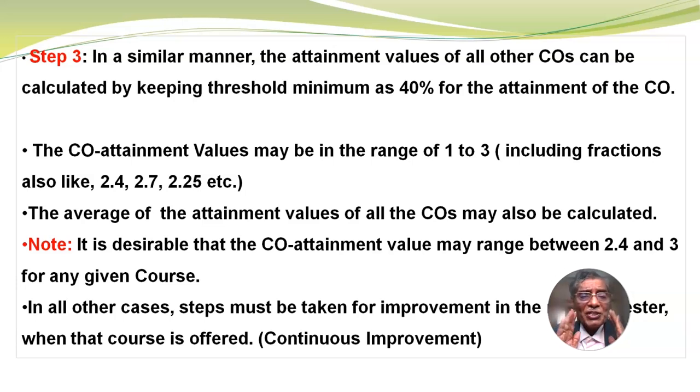Note, it is desirable that the CO attainment value may range between 2.4 and 3 for any given course. In all other cases, steps must be taken for improvement in the next semester when that course is offered. That is called continuous improvement.